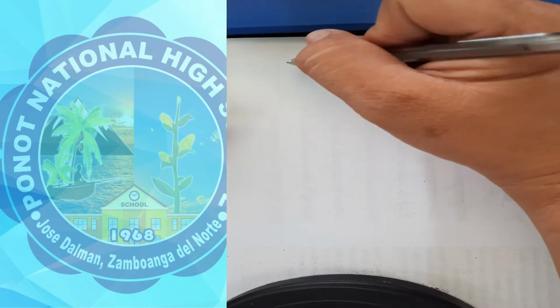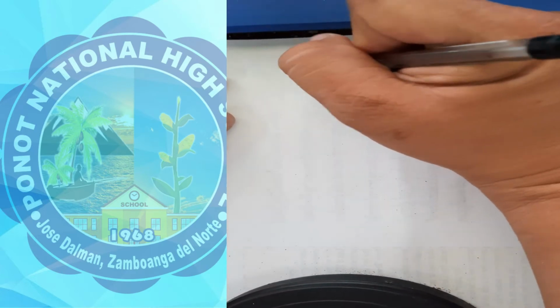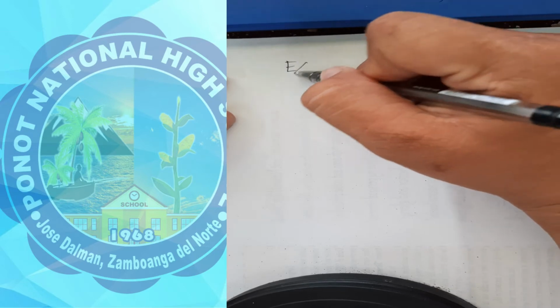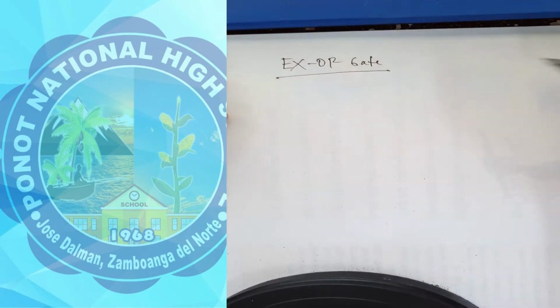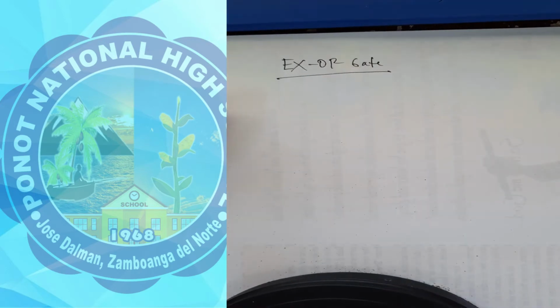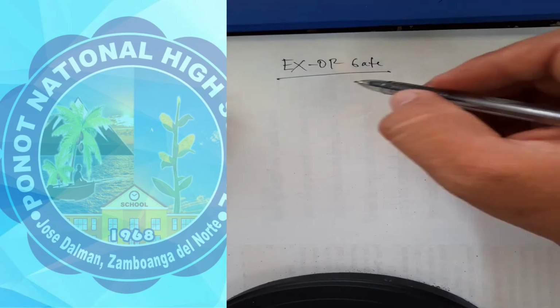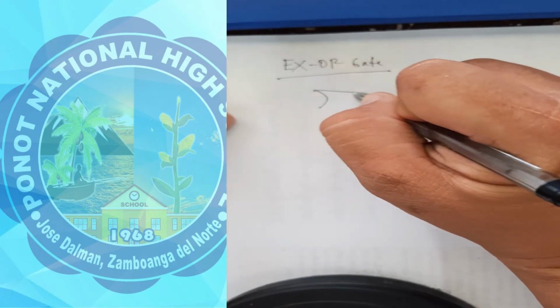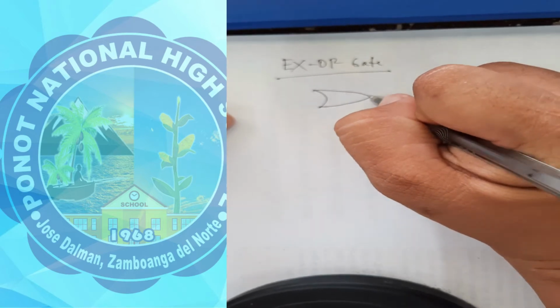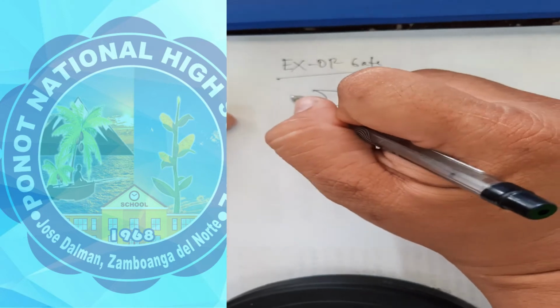The next logic gate is the so-called XOR gate. Okay, XOR gate. The symbol for an XOR gate is something like this one. Parang OR, pareho tulad nung kanina.